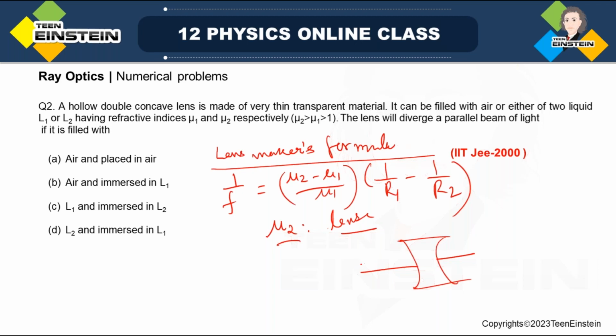So the radius of curvature R1 will be negative and R2 will be positive eventually here.